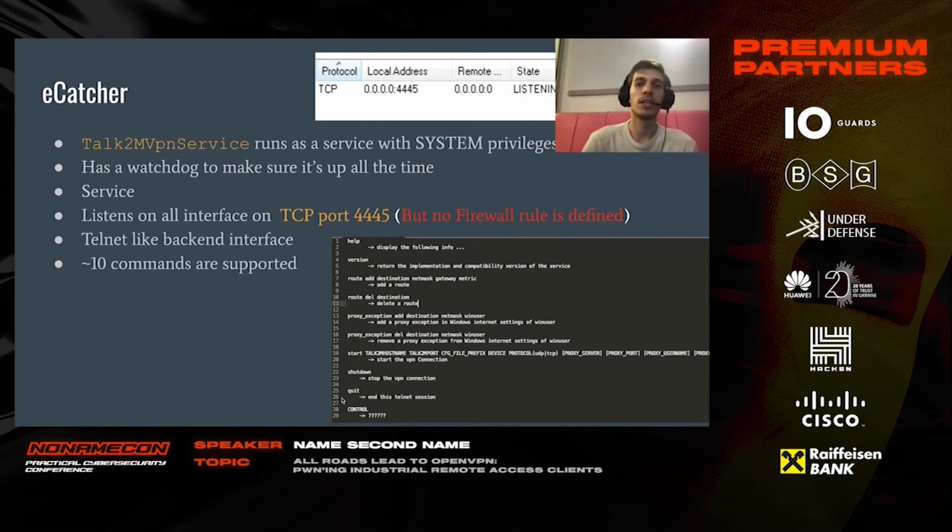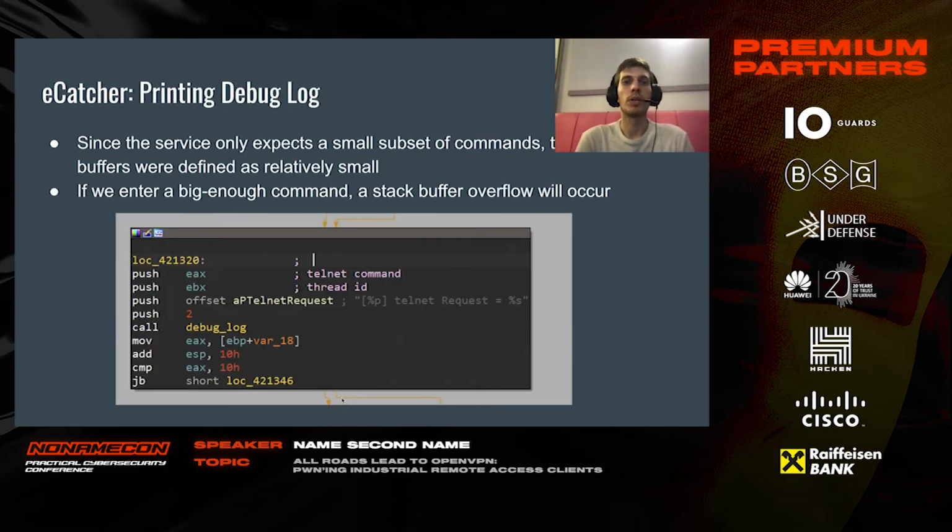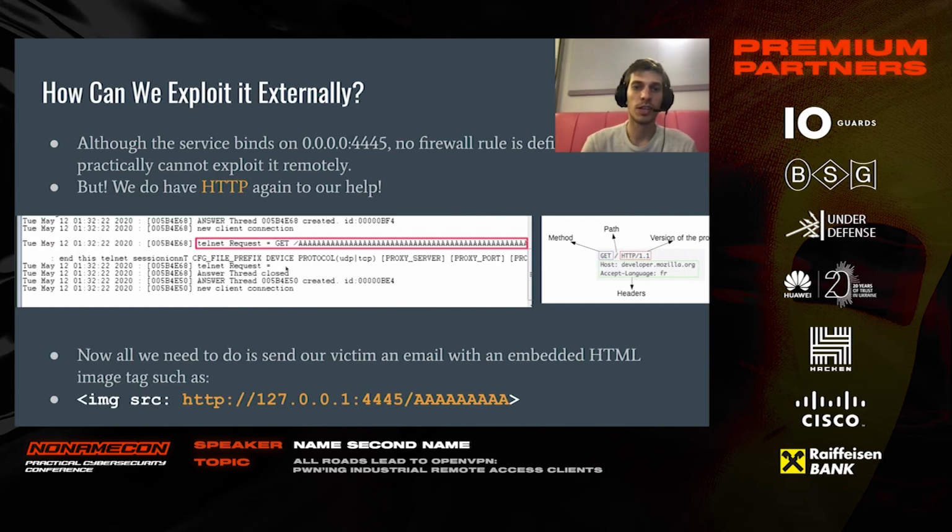Once it receives one of these commands, it will execute it. We found a bug in one of the debug log printing functions. We found that if we enter a big enough command, a stack buffer overflow will occur. So if we send a large AAAAAA, then a buffer overflow will take place, and we could crash the program.